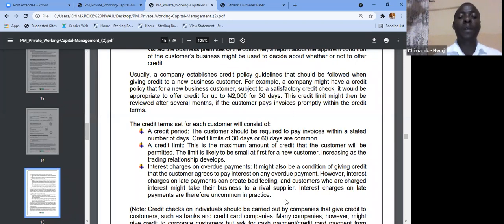So when they are not paying, they are stretching you, you should also state that they are going to be paying interest charges, because when you are giving a customer credit, you are financing his business, so you have a right to get your finance charge from this overdue payment. So you have to charge interest on overdue payments.